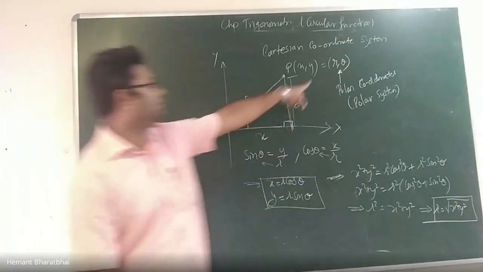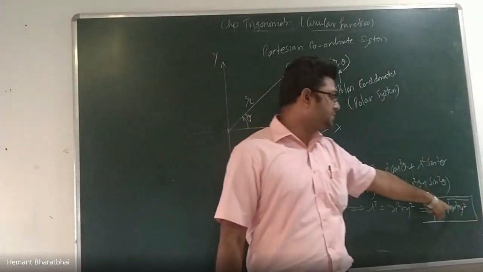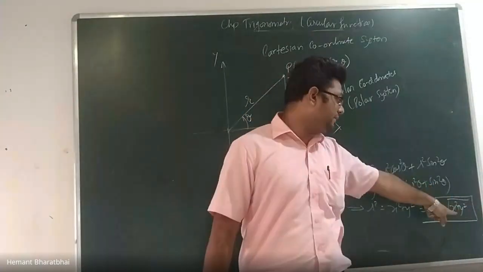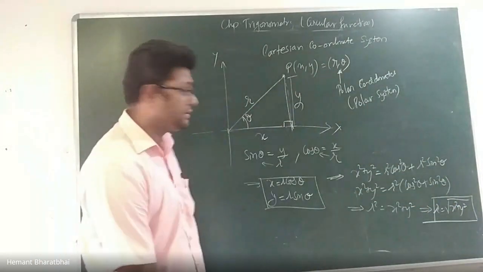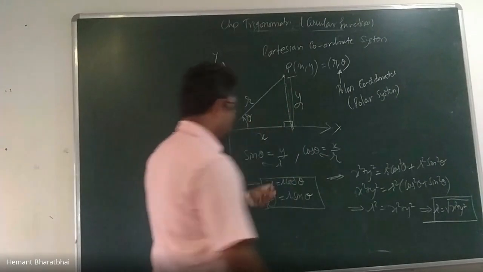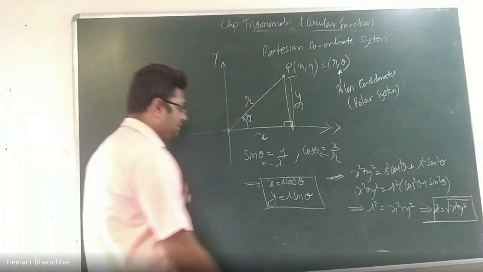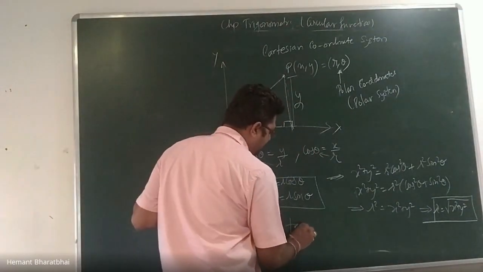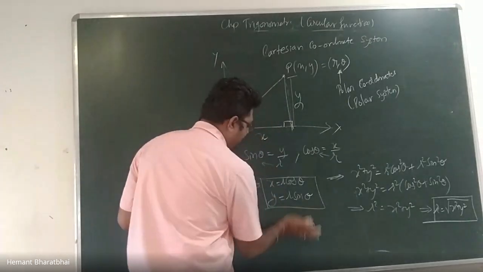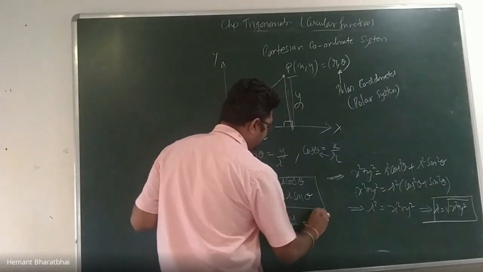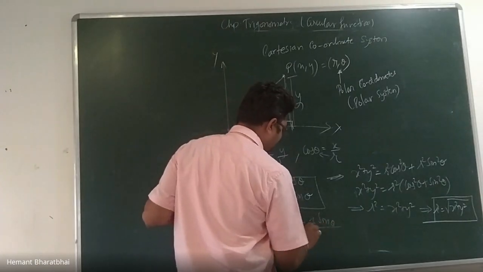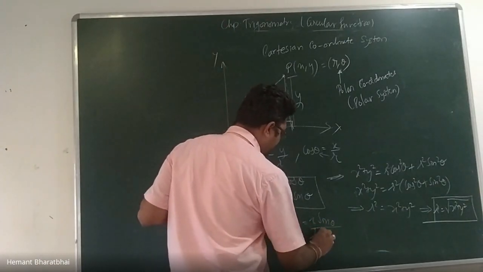Now if I need r, I'll substitute the value of x and y in this formula, and I'll get the value of r. Now next what I need is theta. So we know x and y are r cos theta and r sin theta. So my tan theta, if I divide y upon x, my y is r sin theta and my x is r cos theta.